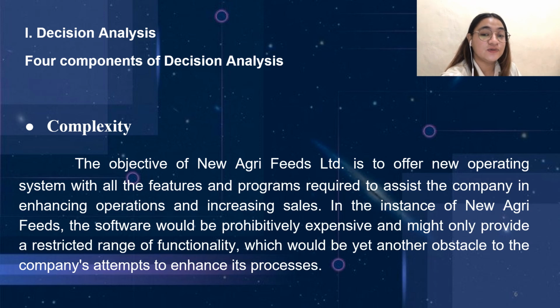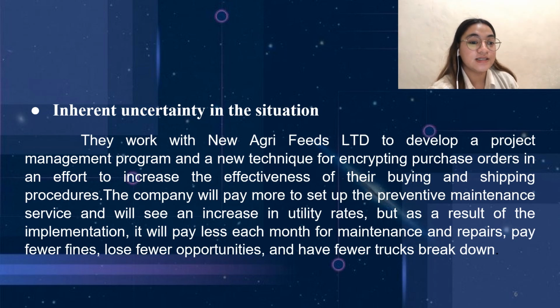In the instance of New Agri-Feeds, the software would be prohibitively expensive and might only provide a restricted range of functionality, which would be yet another obstacle to the company's attempt to enhance its processes. All throughout the ordering system's manufacturing process, problems may occur, such as massive cost, poor usability, a lack of features and programs, and troublesome installations. Next is the inherent uncertainty in the situation.